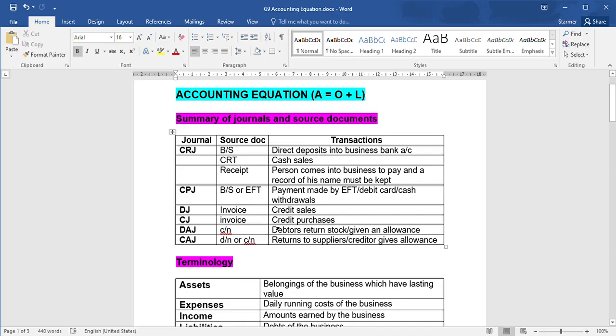Creditors journal is where we purchase on credit, we buy on credit, the document is also an invoice. The debtors allowances journal is if the debtor returns stock or we give them an allowance. The document we use here to record that is a credit note. And then creditors allowance journal is if we return to suppliers or the creditor gives us an allowance, and here you can either use debit note or credit note.